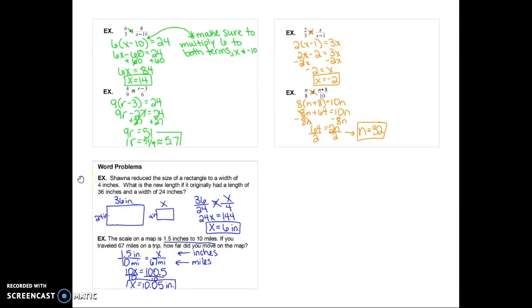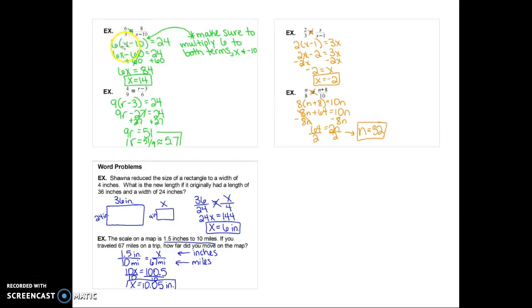Okay, so to continue where we were before, the next example is 6 divided by 3 equals 8 over x minus 10. Now, this looks initially a little bit different, but you set it up the exact same way. You've just got to be careful. So I normally start with my variable, so I'll start with that.